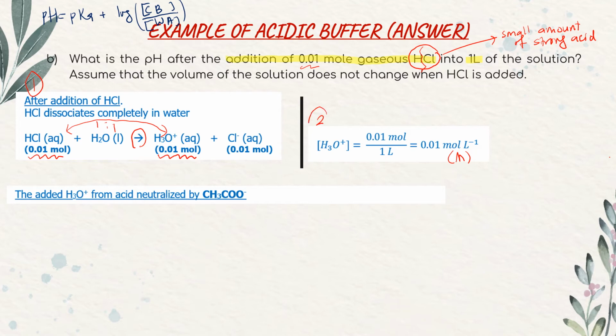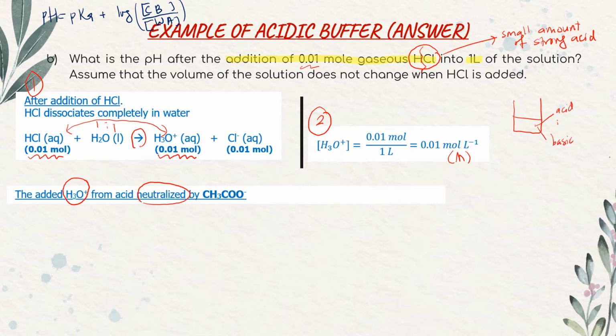Second, kira balik, okay, disturbance kita dalam bentuk concentration, sebab dalam table nanti kita akan gunakan concentration inside the initial change final table. Okay, now, so ingat balik, bila kita ada H3O+, this H3O+ will be neutralized. So ingat balik dalam sistem kita, since it's an acidic buffer, dia akan ada acid component, dan dia akan ada basic component.